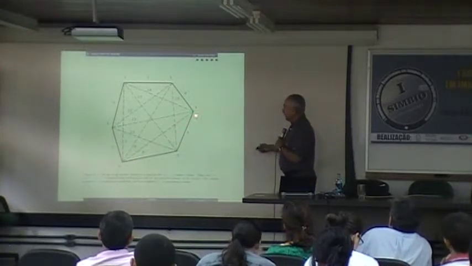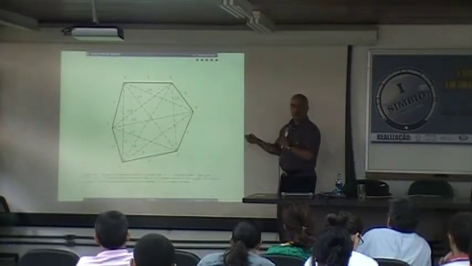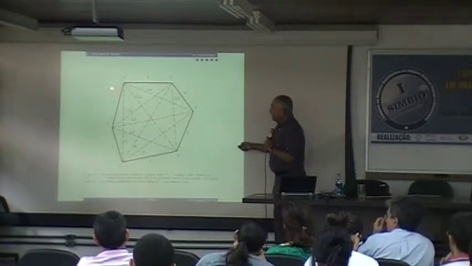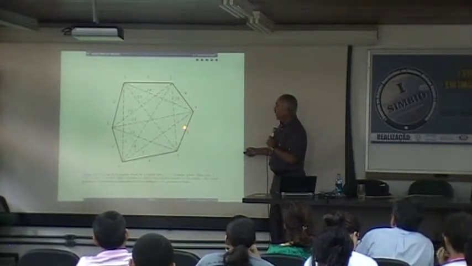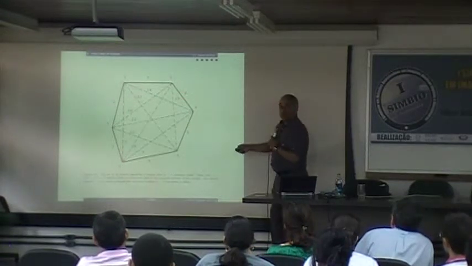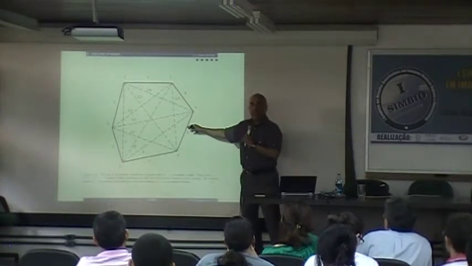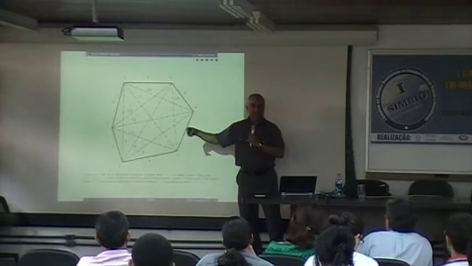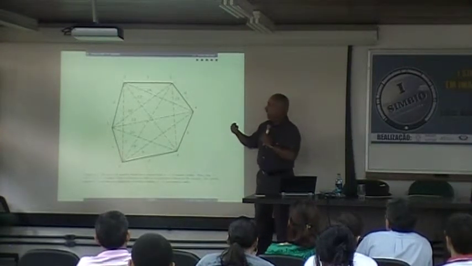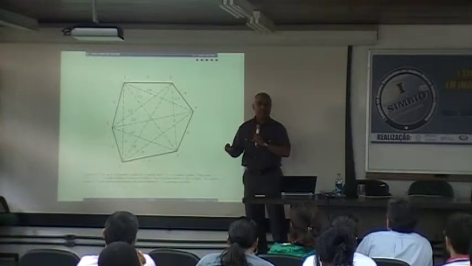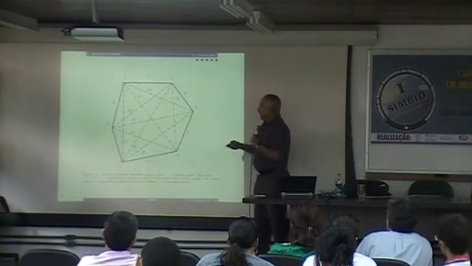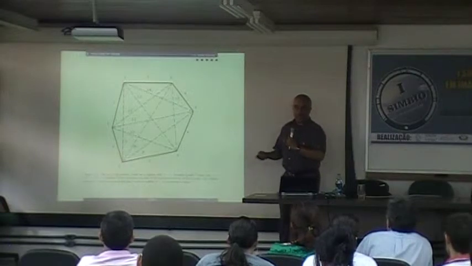And of course, there are duplicates, 0 to 4 and 4 to 0, so you don't duplicate. And take all of these, including the sides of the shape, the polygon. So this is the set. And of this set, you get the statistics: mean, standard deviation, skewness, kurtosis, and analyze them. So that has been shown to be useful in some applications.